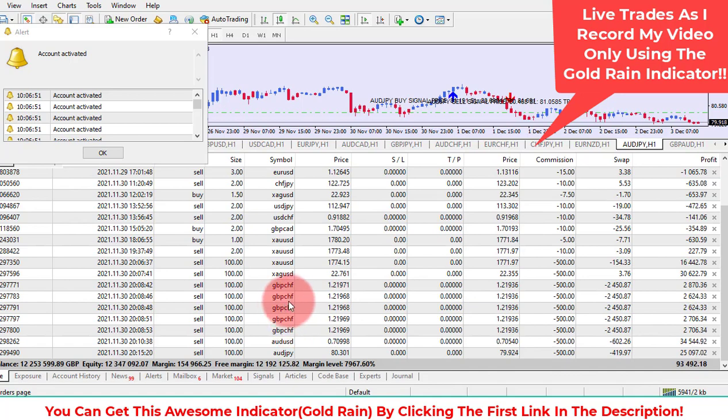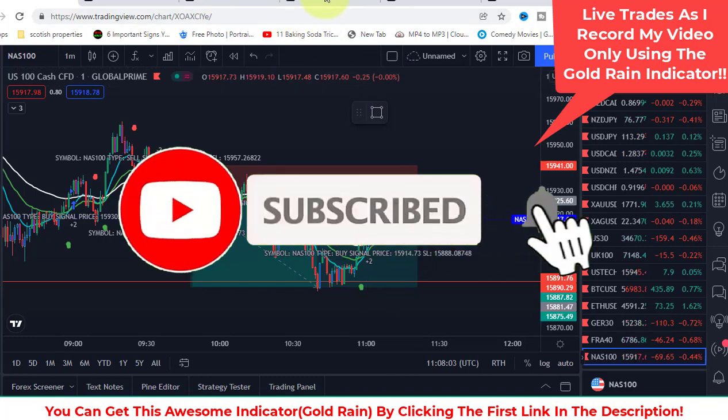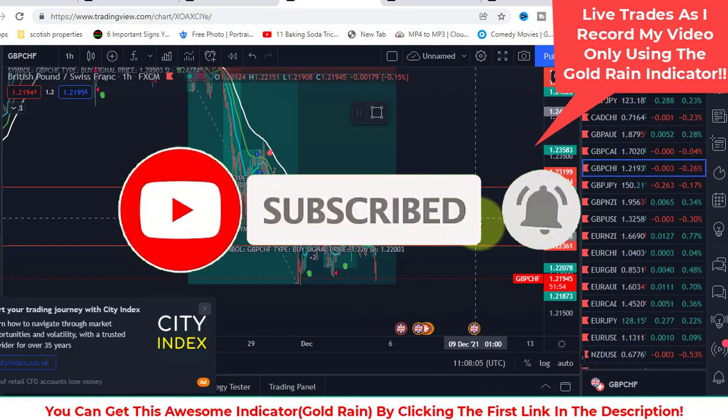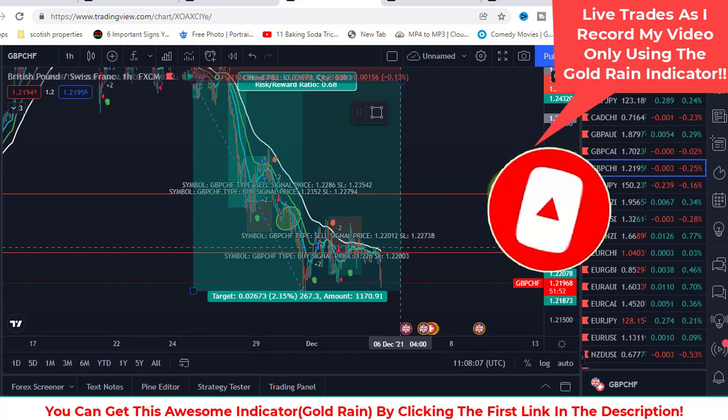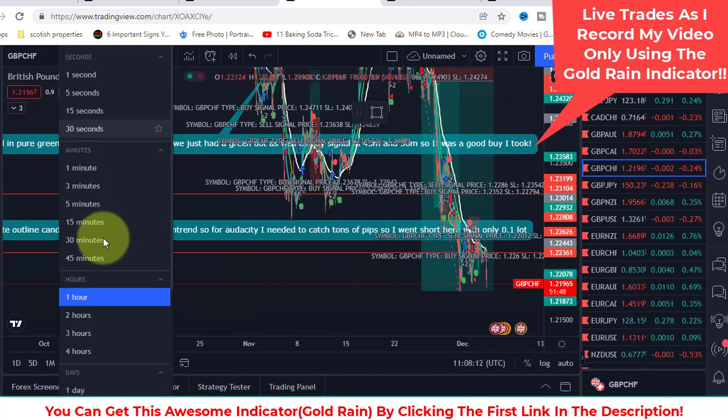So what I was saying, Great British Pound is already switched to profit. Was it in minus 1,000 or 11,000? It was. So shall I close them now? No, I just leave them to go. Let me check something.